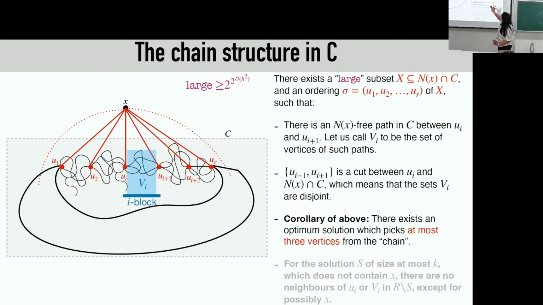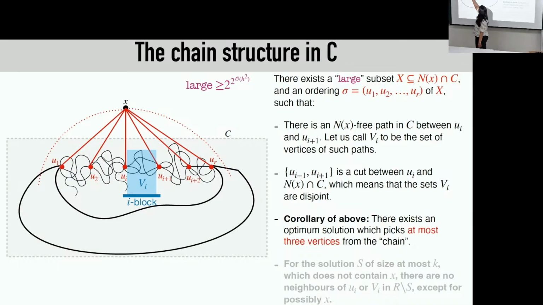Here is the structural lemma. I don't plan to formalize it too much. So, what does it say? X has lots of neighbors in C, because X had a very large number of neighbors in C. That was the starting thing.